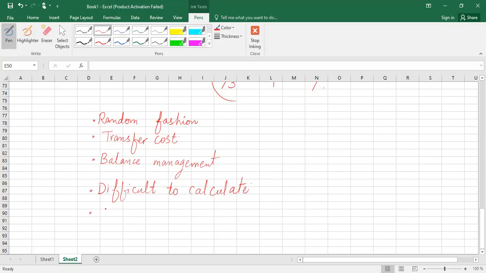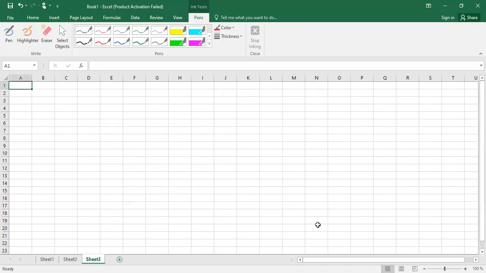And it is not possible to have significant monitoring on the cash balance, which will keep the cash at the return point or optimal point. There will definitely be variations. At times, there could be more than the expectations. At times, there could be less than the expectation. So there will be these variations, and you have to manage these variations. So these are the limitations of the Miller-Orr model.